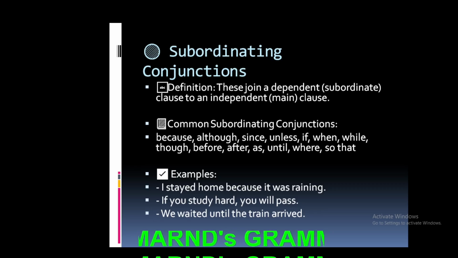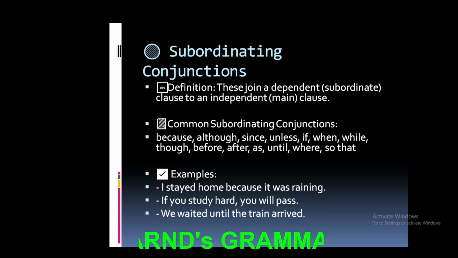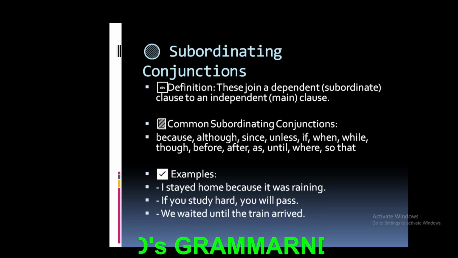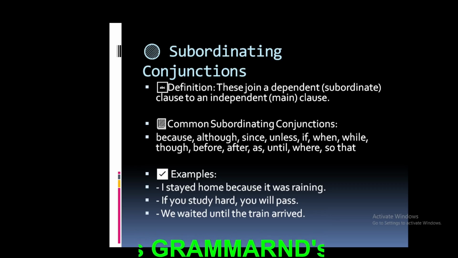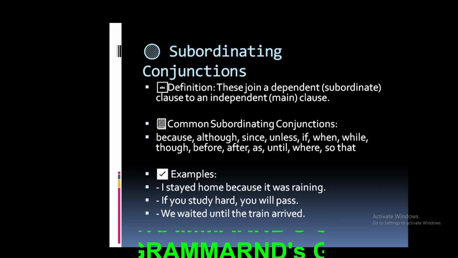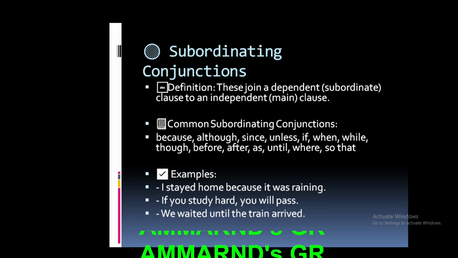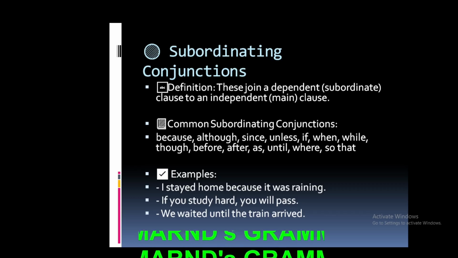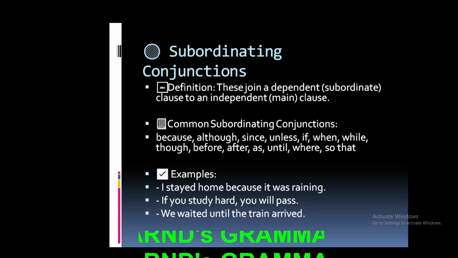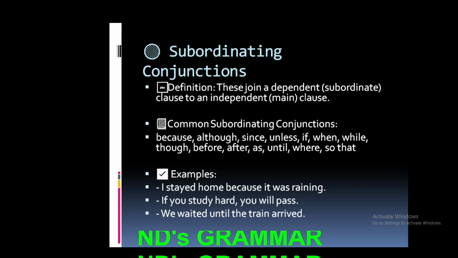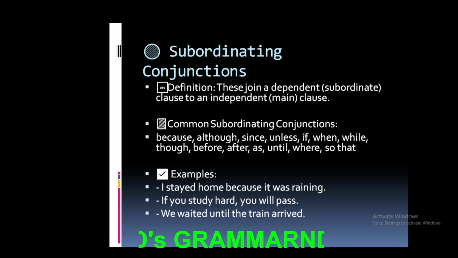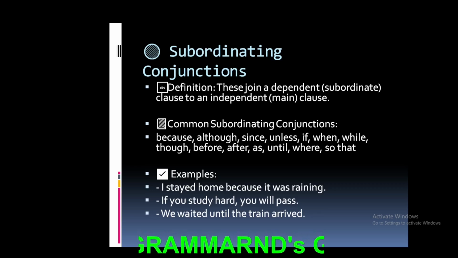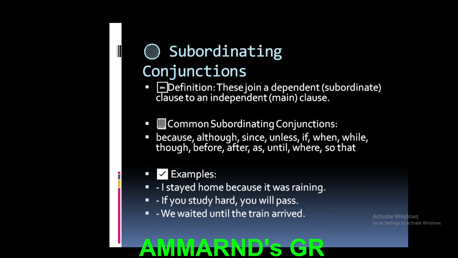Second example, if you study hard, you will pass. Here you can see if you study hard is the subordinate clause and you will pass is the main clause. And here the subordinate clause is placed first, then a comma, and then the main clause. Third example, we waited until the train arrived.